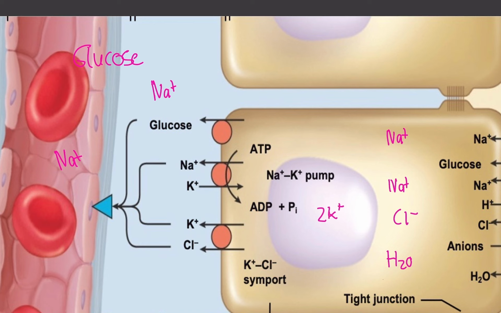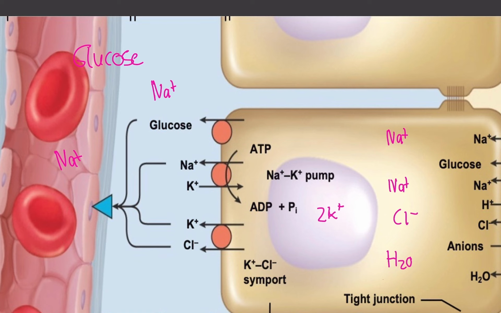Okay. Now here's the thing. Chloride needs to be with sodium. It really wants to be with sodium. Because remember, sodium chloride. But chloride cannot willingly leave the cell. It doesn't want to do that. So what are we going to do? Well, there's actually a high concentration of potassium inside.